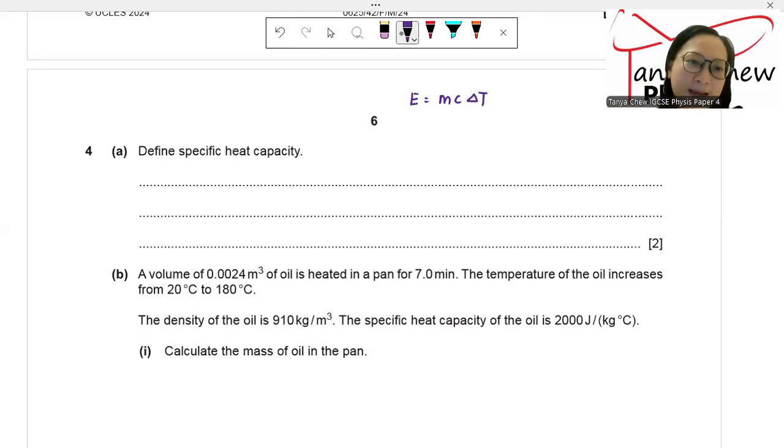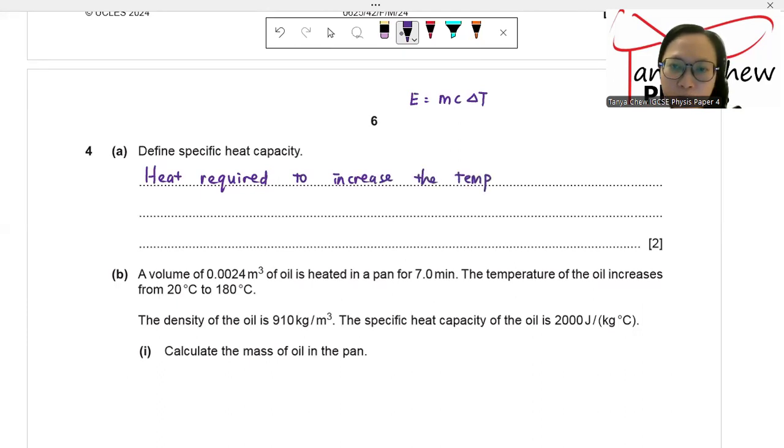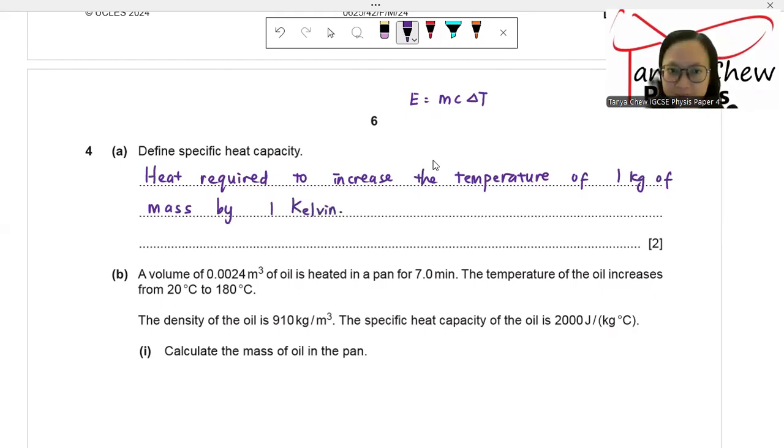So specific heat capacity is the thermal energy or the heat required to increase the temperature of 1 kilogram of mass by 1 Kelvin. That is specific heat capacity.